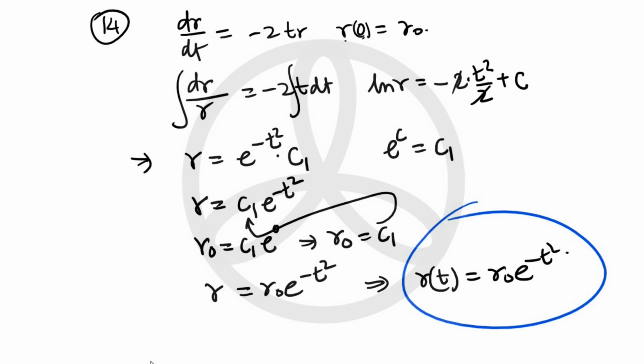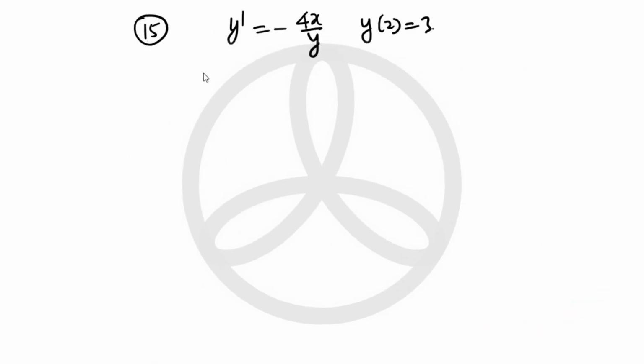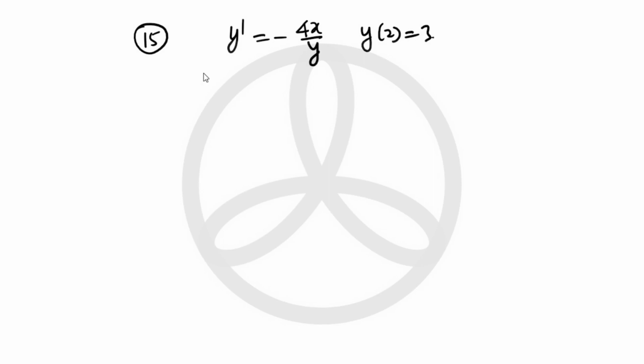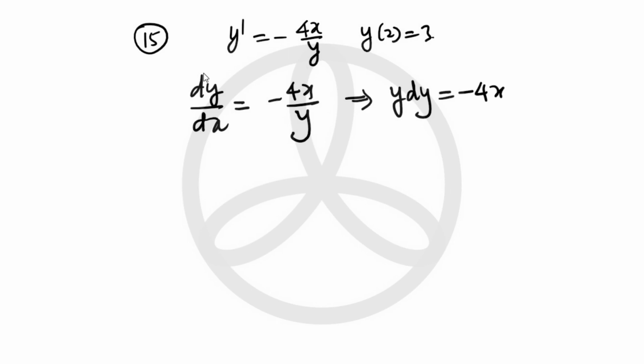So now we come to question number 15. You can see the 15th question on your screen. This is y prime equals minus 4x by y. If we write y prime as dy/dx, the right side is very easily a variable separable equation, and we can write this as y dy equals minus 4x dx.